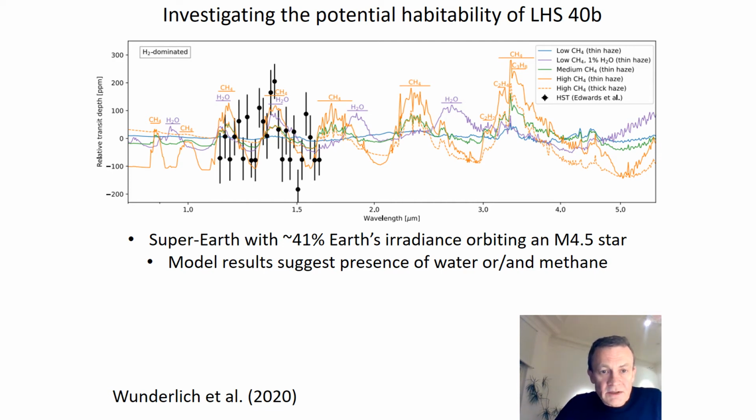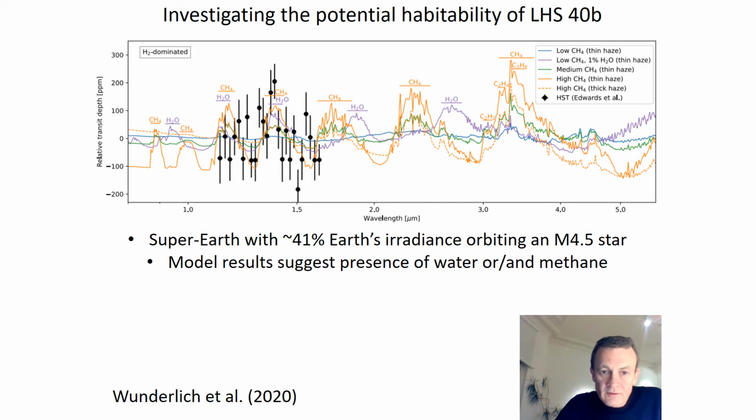And what you see here is that the black dots, which are observations from the Hubble Space Telescope by Edwards et al., fit in the region between 1.2 and 1.5 microns. The model studies in orange and purple suggest that the water and methane bands for these atmospheres fit best to the data.